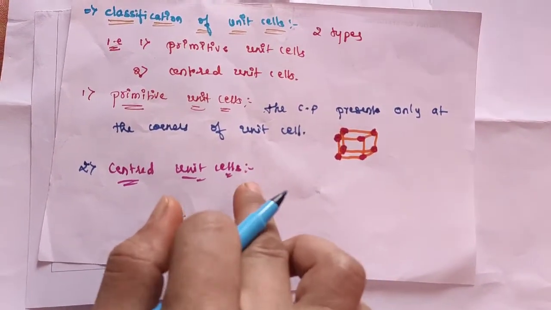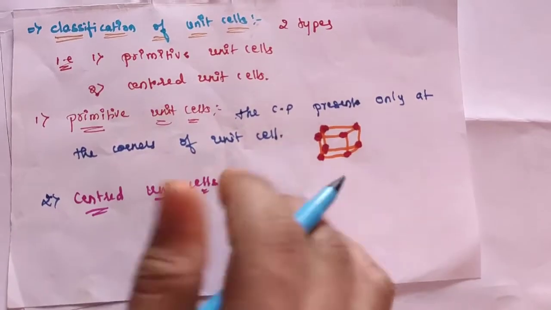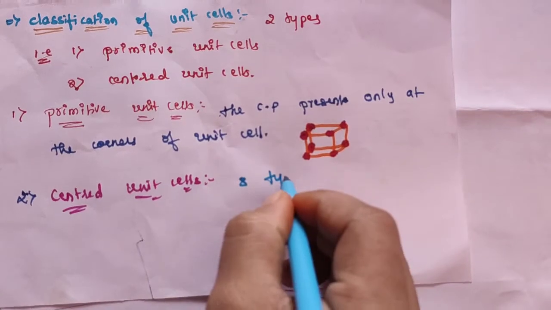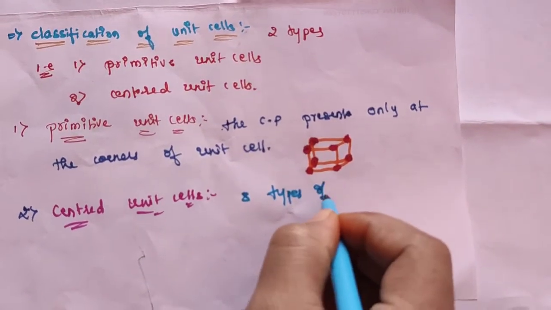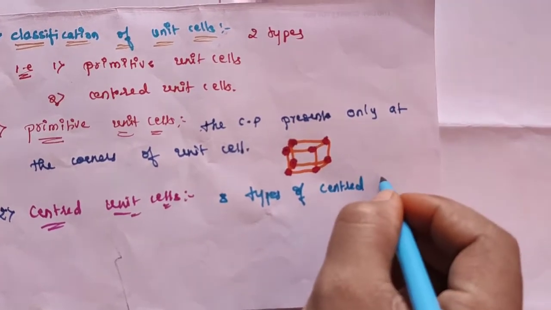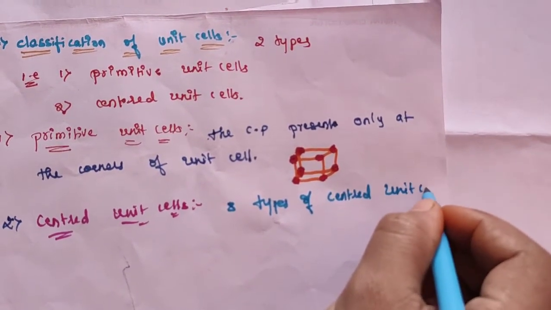There are three types of centered unit cells.